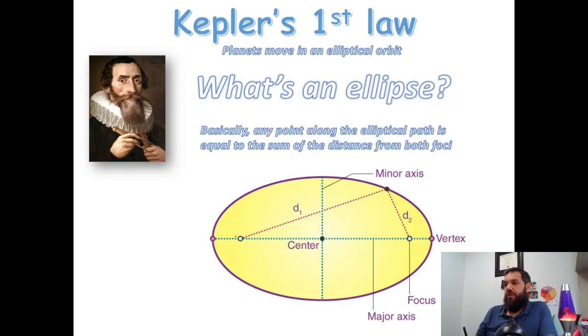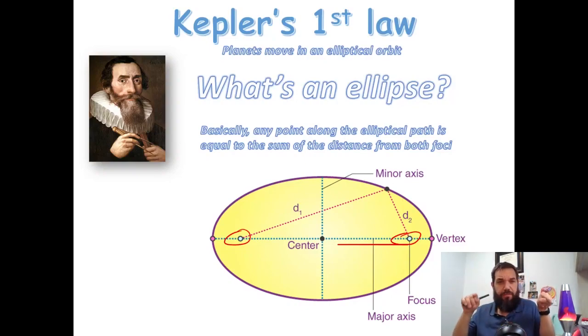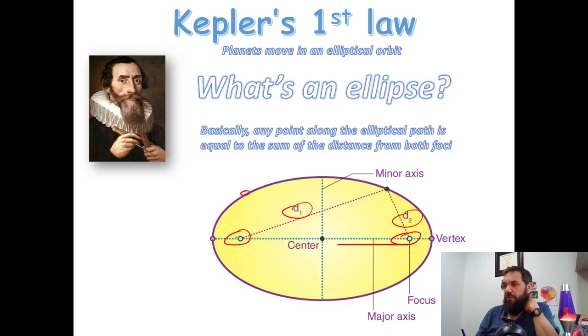And there are what are called two foci. Okay, two foci. So here's one, here's two. What's a foci? Actually, the singular is focus. What are foci? What is a focus? Basically, the way that you make this ellipse shape is that at any given point along this ellipse, the sum of D1 and D2, the distances from focus 1 and focus 2, is always the same.